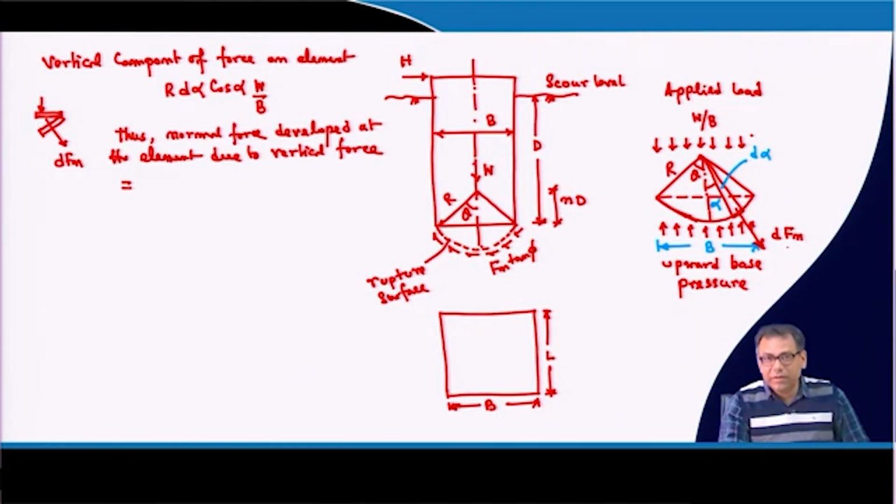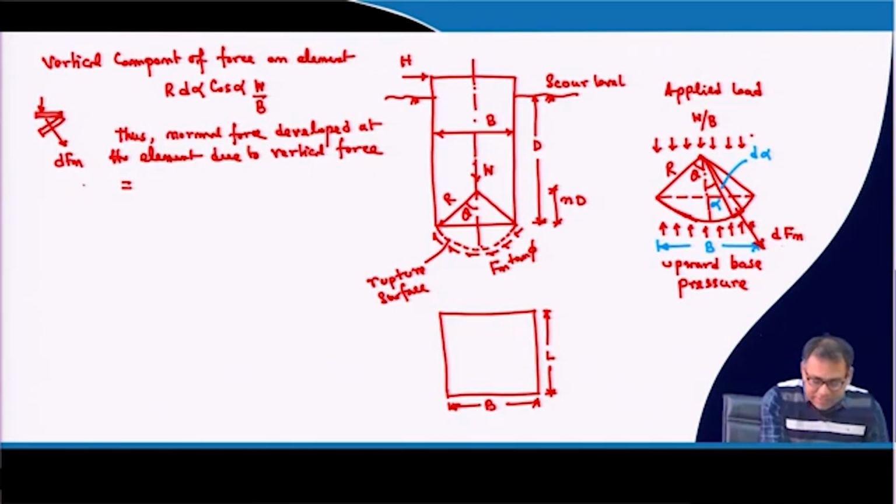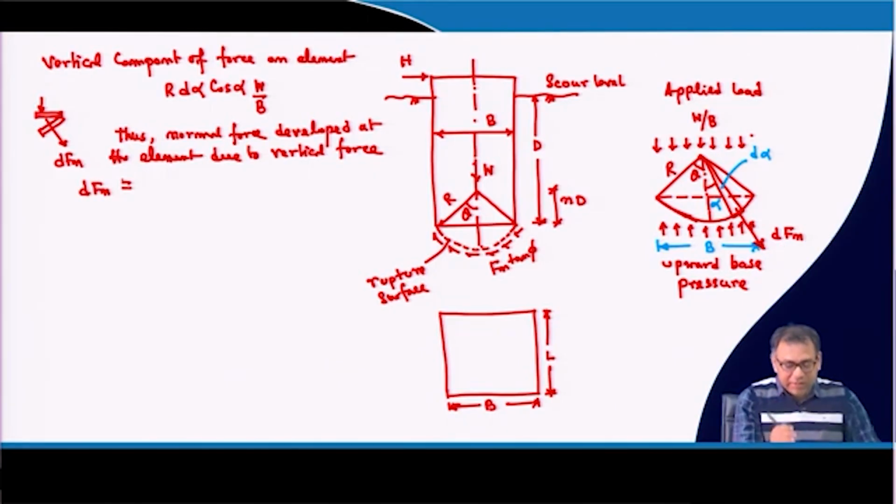Okay. We want to determine dFN, which is the normal component of the original element. So, we know the vertical component, now dFN is the normal component or normal force. So, again we have to multiply with cos alpha.